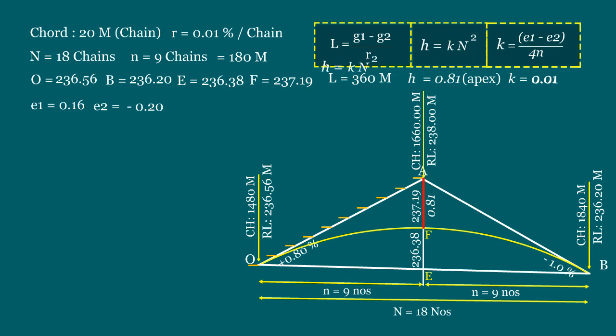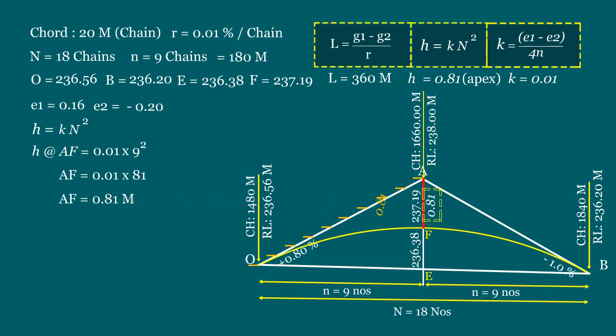We already knew that H equals K into n square. That means AF equals 0.01 into 9 square. That is 0.01 into 81. That gives the value of 0.81 meters. That is the tangent correction at the point of apex. If we compare this value with our previous results, both are same. That means our previous calculations and the result arrived through these formulas are correct.